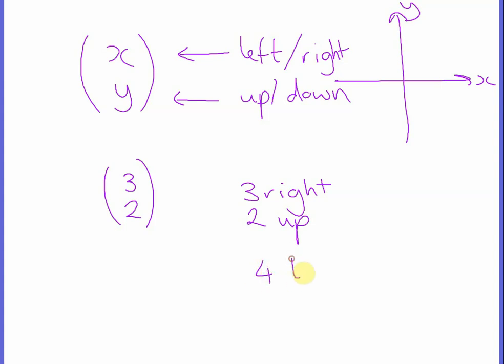So if I wanted to go 4 left and say 5 down, to go left without writing the words left, we went for minus numbers, because when we go left from the center of an axis, we go into negative numbers. And if we go down 5, we get to negative numbers as well. So to go left or right or up or down, we just change the sign. But the top value is x, the horizontal distance across. And the bottom value is up or down.